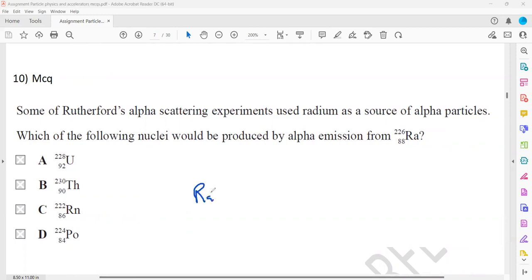So we have radium, which is 226 and 88. When it releases an alpha particle, the nucleon number decreases by 4, so 222, and the 88 will change into 86. The Ra will change into Rn. So C will be the right answer.